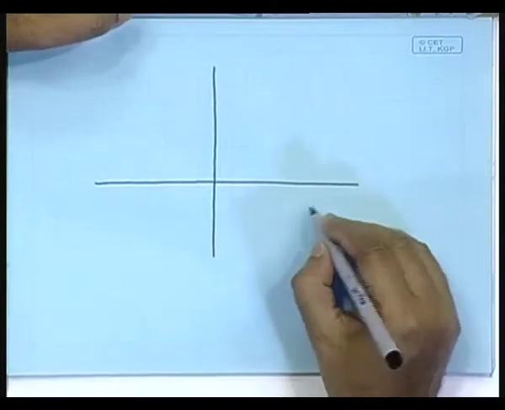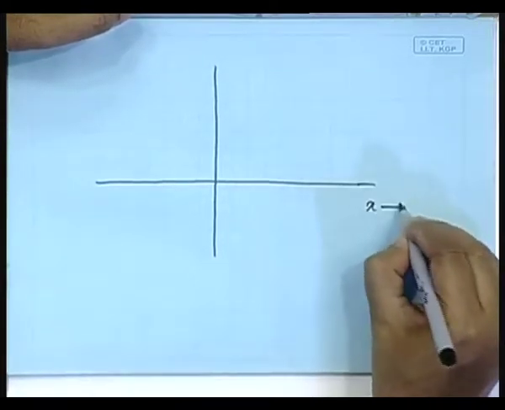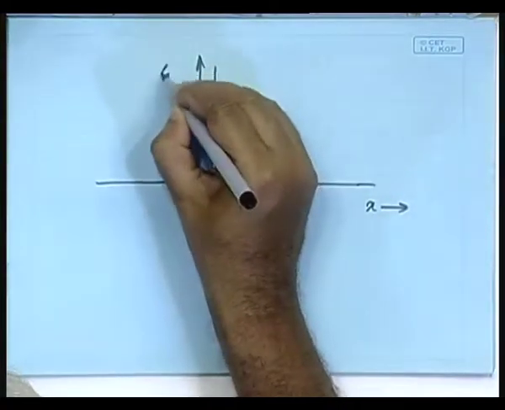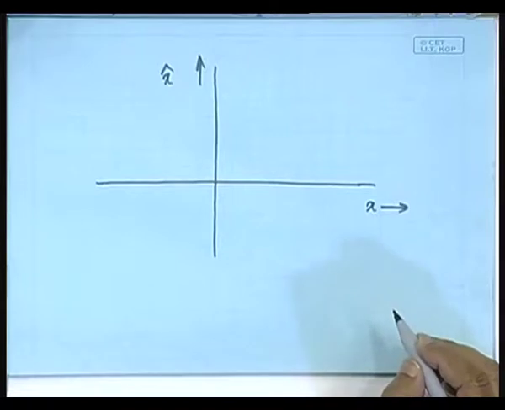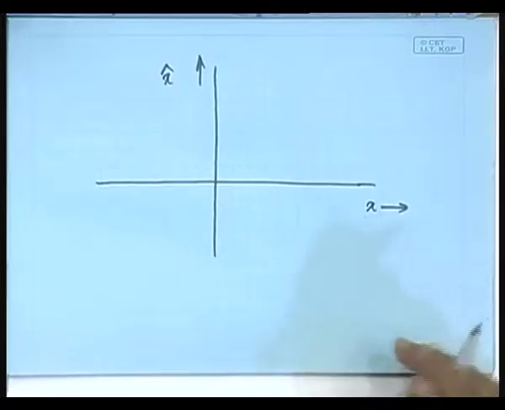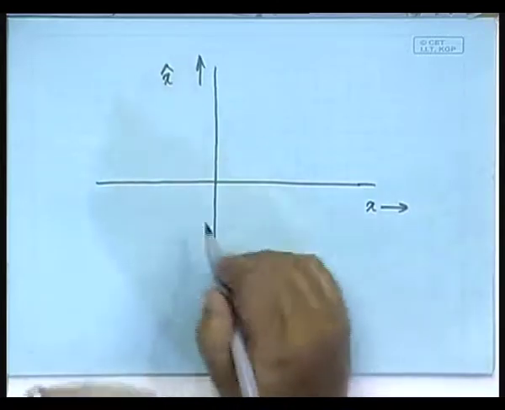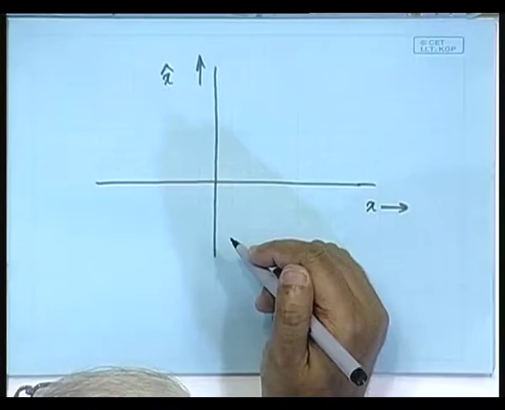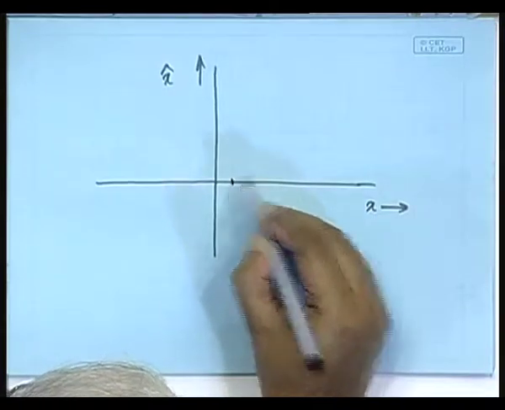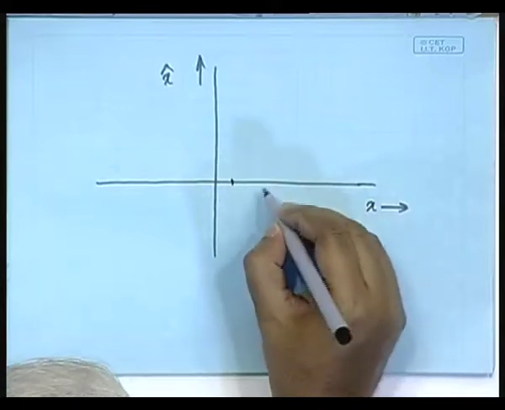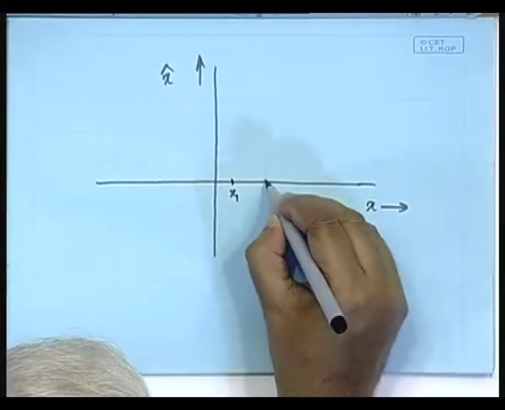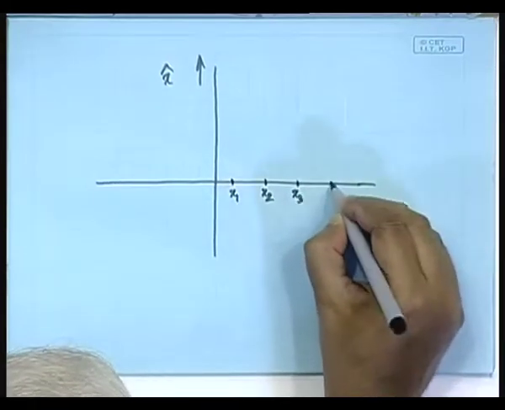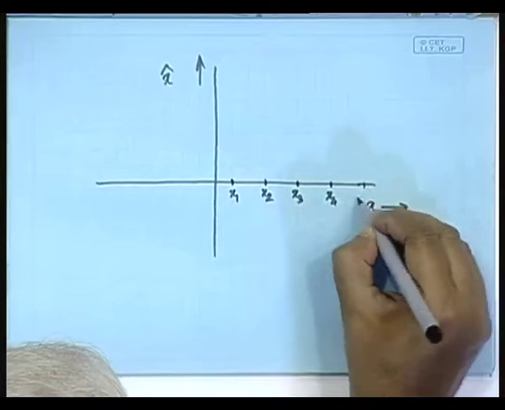If we call the input variable x, then we indicate the quantized variable as x cap. The input variable x we can divide into several independent steps: x1, x2, x3, x4, x5, and so on.